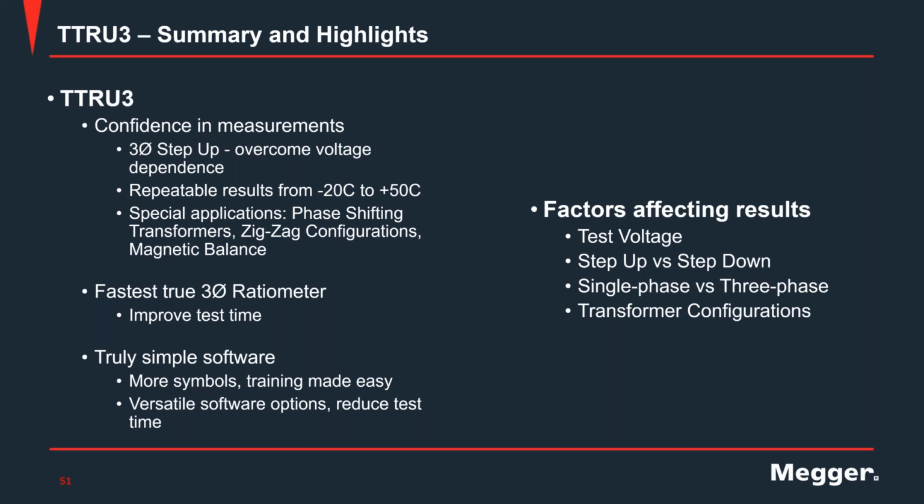The unit will make testing those types of units easier and faster. And we also included magnetic balance as a feature. So in general, the features will help you not only improve testing time, but also perform the measurements in a more accurate way, and we think also safer.